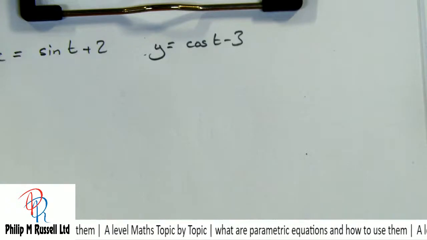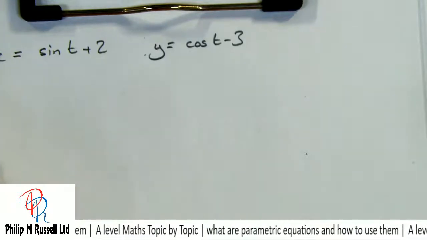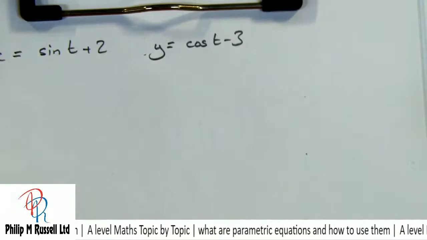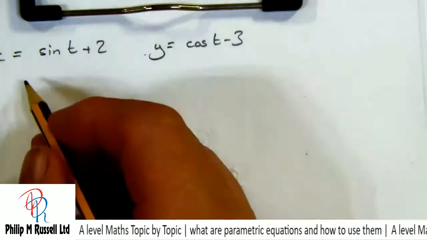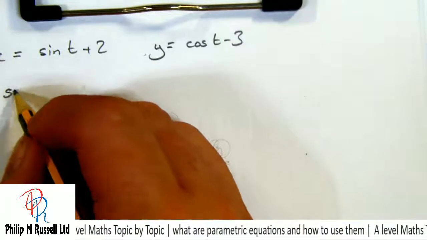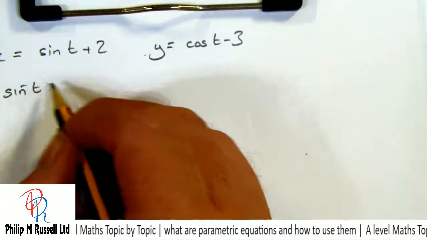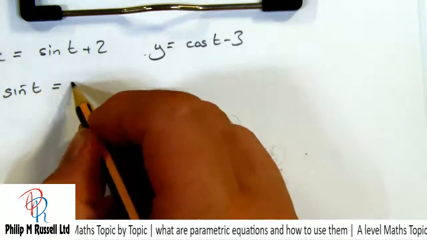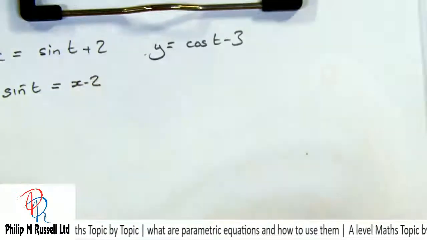Right, so what can we get from this? Well, first of all, I need to try and work out what t is. I can work out what sine t is. I can say that sine t here equals x minus 2.